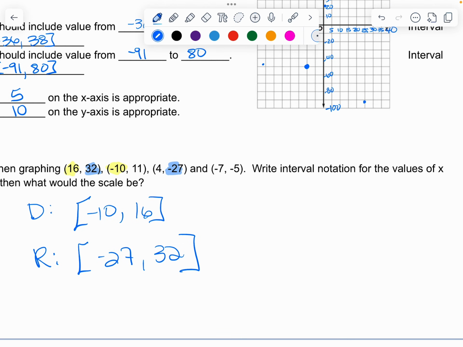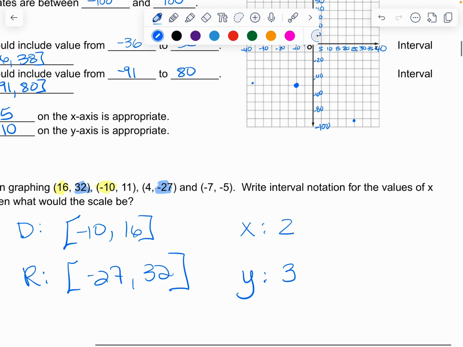What would I scale by? I would say x-axis, I would scale by 2's. And y's, I guess we could do by 3's.